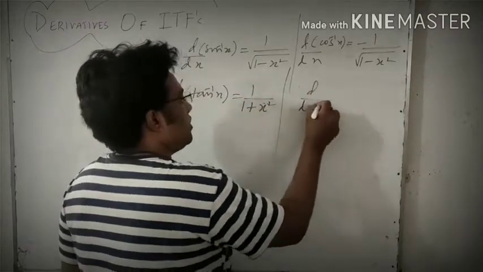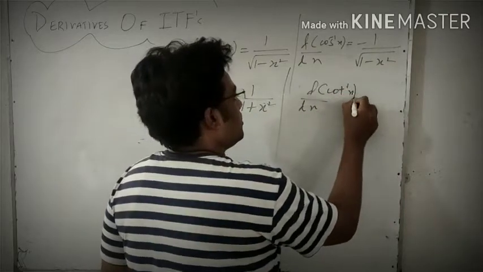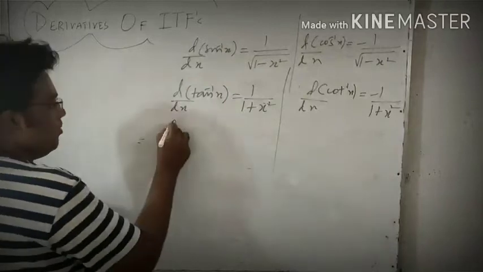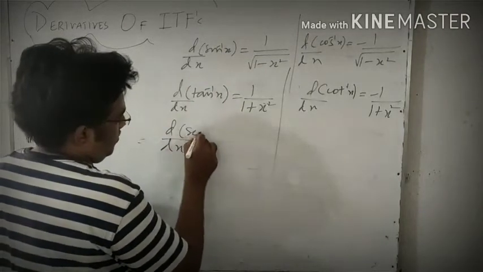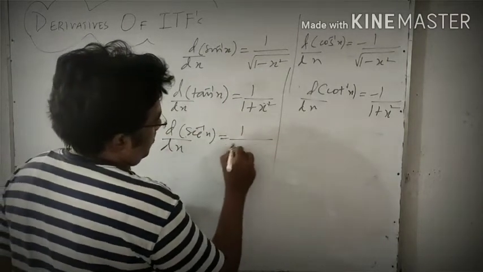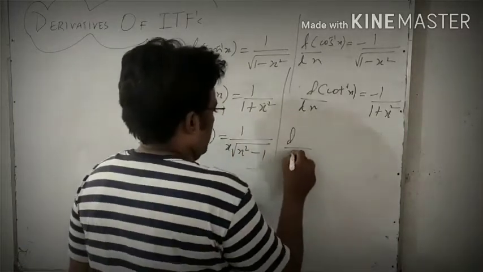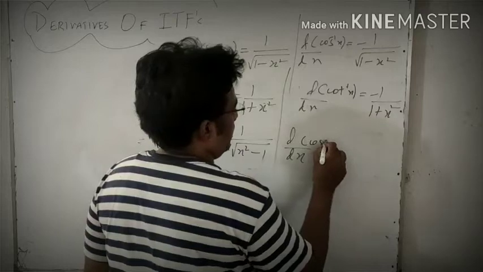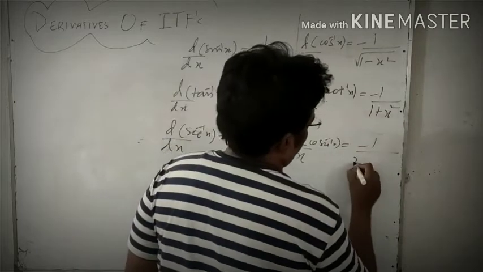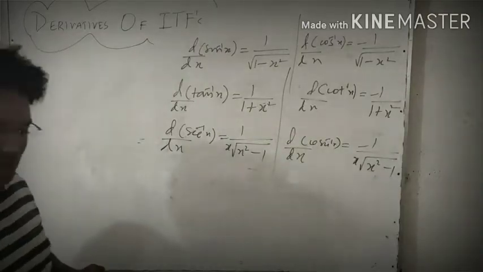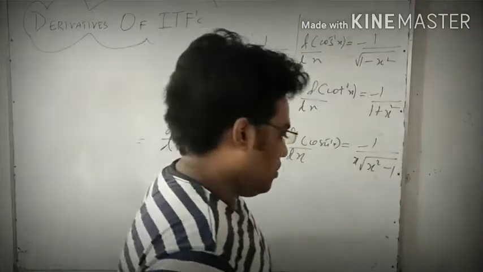D by dx of cot inverse x is minus 1 by 1 plus x square. D by dx of secant inverse x is 1 by x into root of x square minus 1. D by dx of cosecant inverse x is minus 1 by x into root of x square minus 1. So learn these formulas, then you can solve the problems.